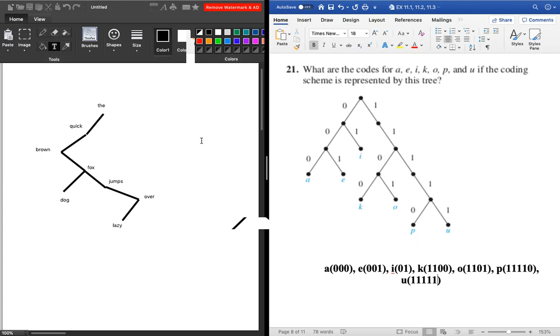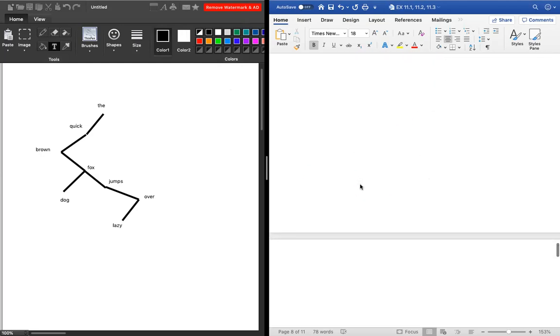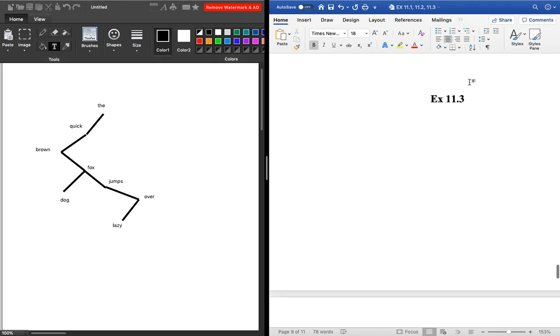Any questions here? All right, if no question, let's move on to the next exercise. So the next exercise is basically exercise 11.3.